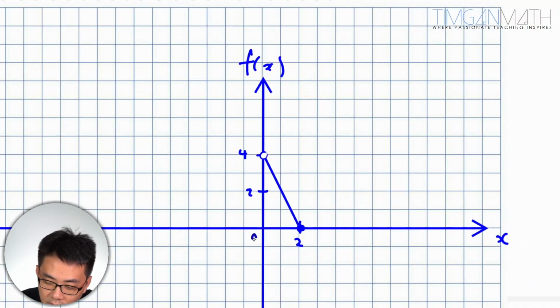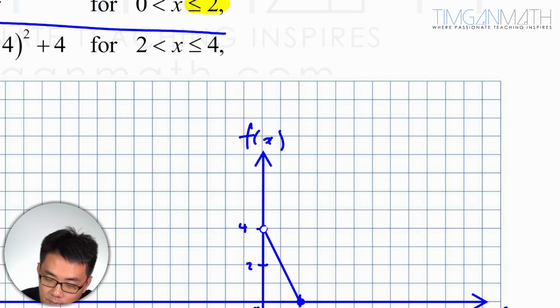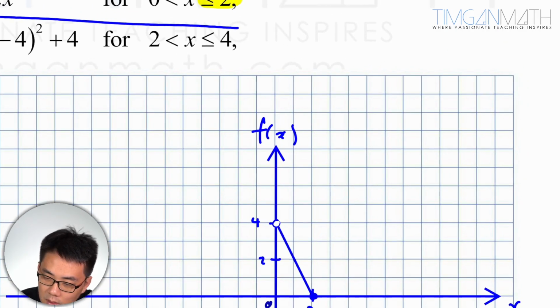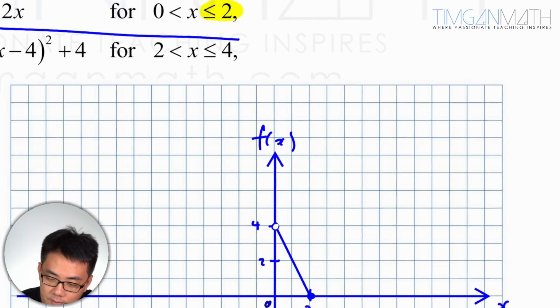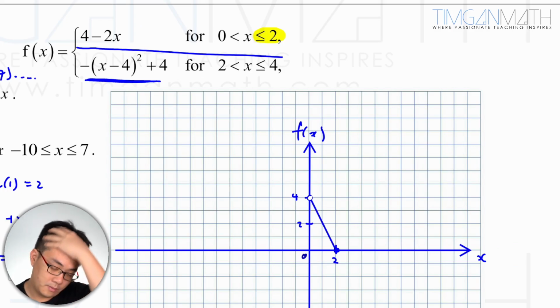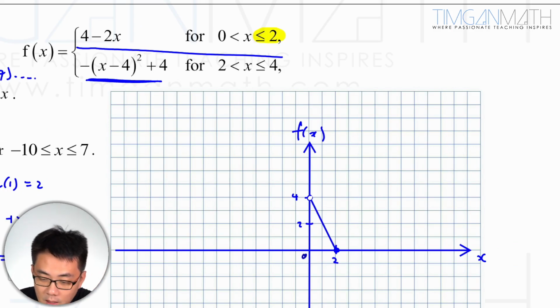So 0 to 2, I follow this equation here. Then 2 to 4, I'm going to use this equation here. This is y equals minus (x minus 4) squared plus 4.